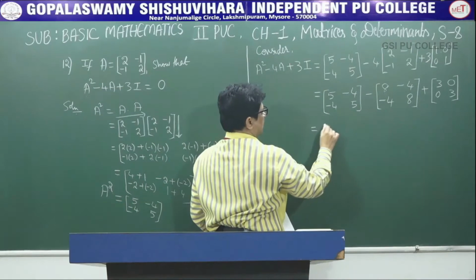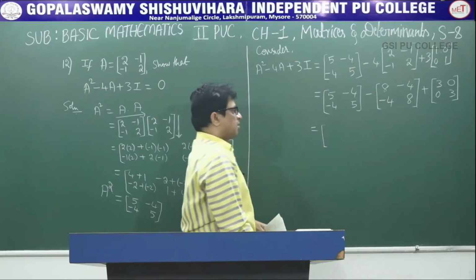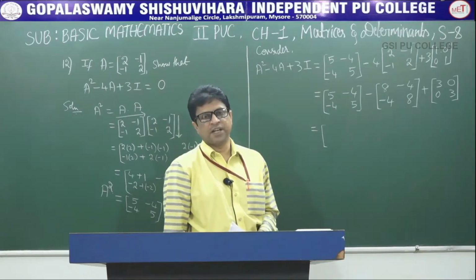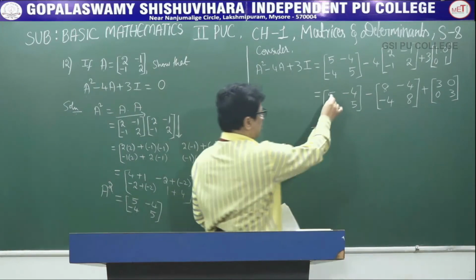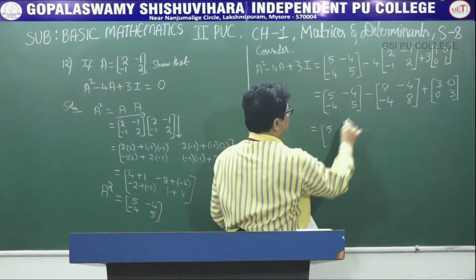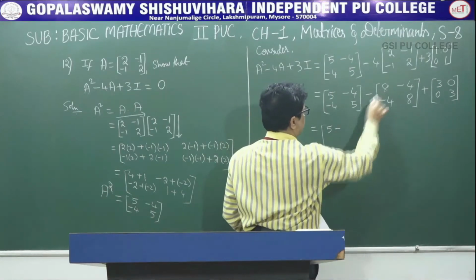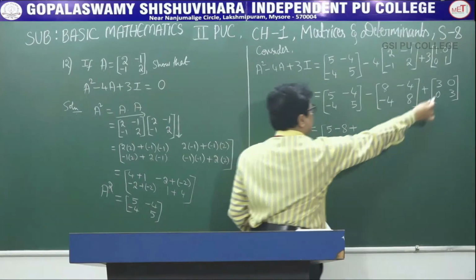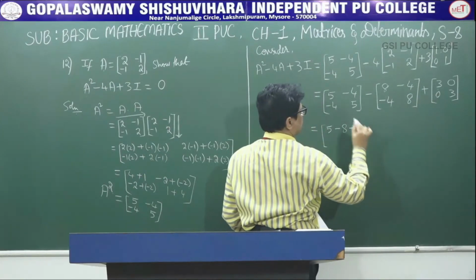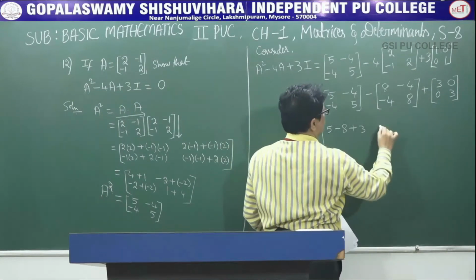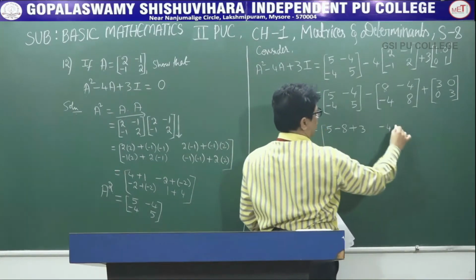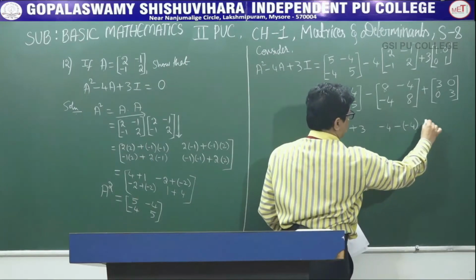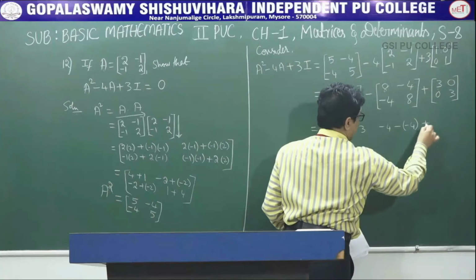So, here we subtract and add the corresponding elements of the matrices. So, 5 minus 8 plus 3. So, the next element minus 4 minus minus 4 plus 0.